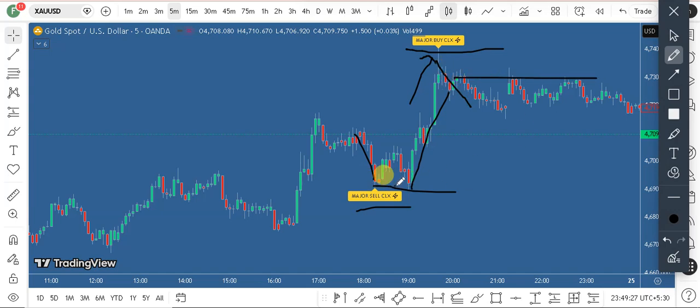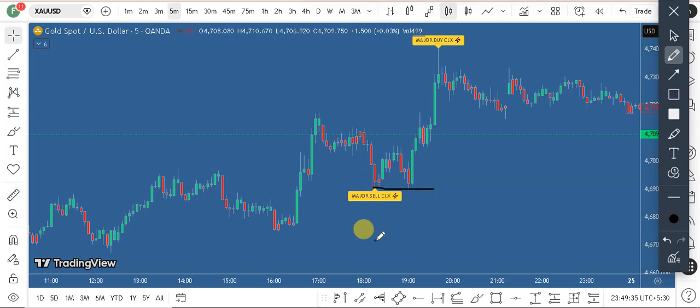Now, how to trade based on this? When you get a signal, and you get a green candle, you buy here, you place your stop loss here, and this is how far the market went.